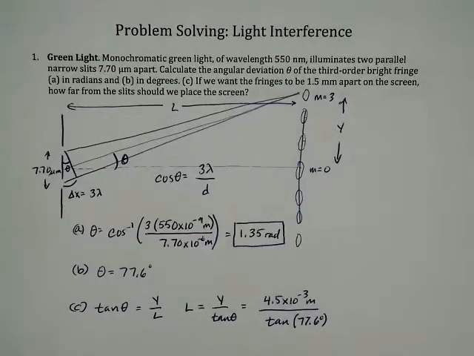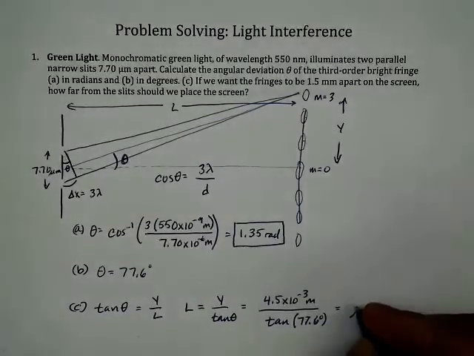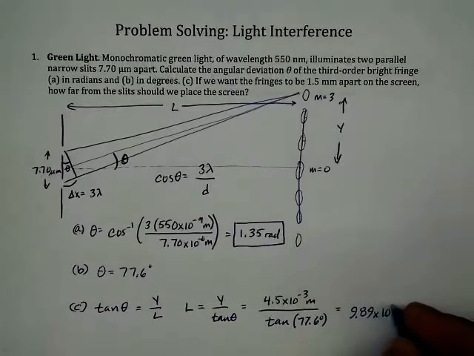So if I take the tangent of 77.6 degrees, inverse of that, times 4.5 times 10 to the negative third, I get a distance of 9.89 times 10 to the negative fourth meters.